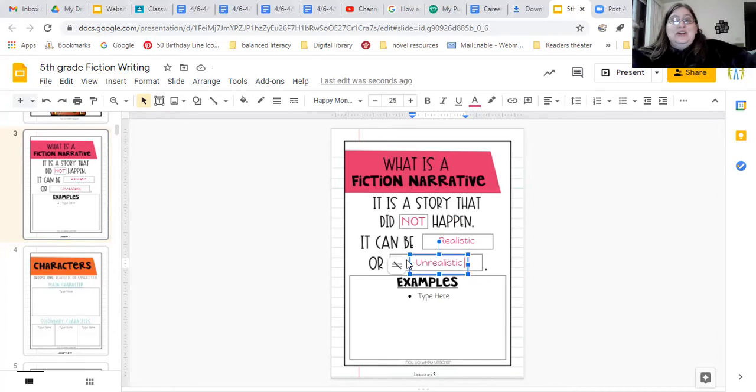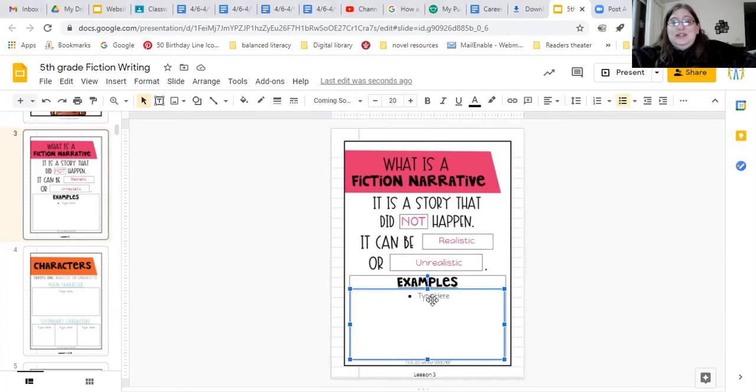If you think about stories that have talking animals, stories that have magic, stories that have superhuman strength, superheroes in them, those are all unrealistic, right? Those couldn't happen. But stories that have people doing everyday things that people do often, that's realistic, right?